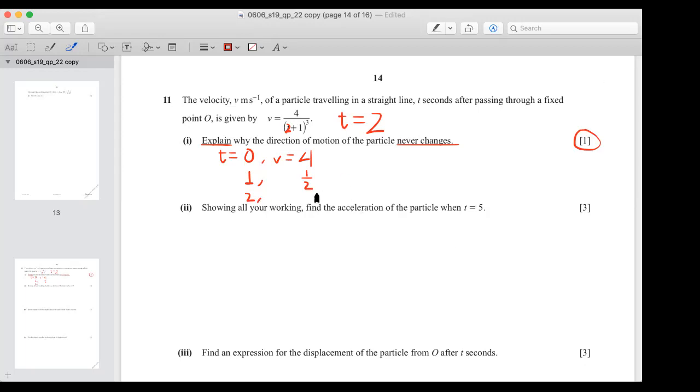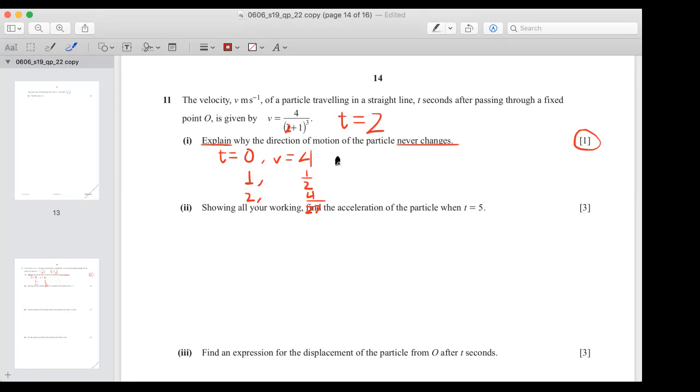I don't really have any space, so I'm just going to write over this question because I'm going to be deleting this later, since this working is supposed to not really exist. So t equals 0, v equals 4; t equals 1, v is 1 over 2; t equals 2, v is 4 over 27. You see the pattern.